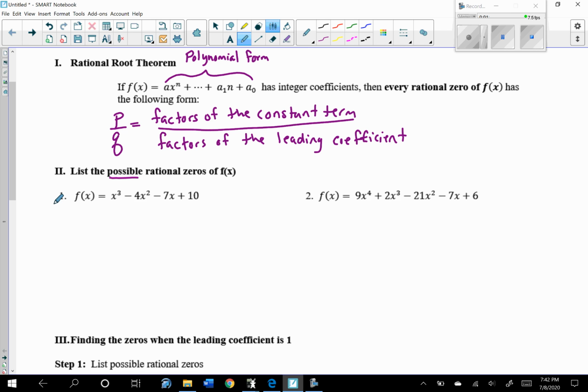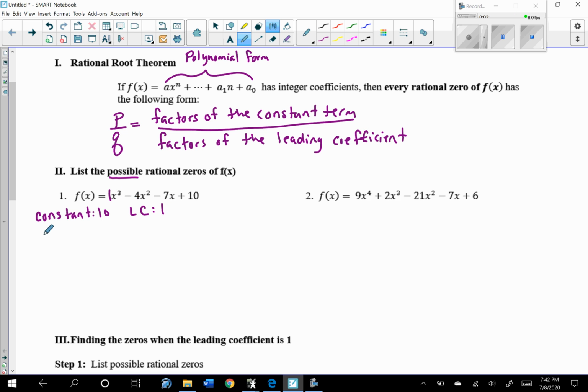So here's our polynomial equation, and we want to list the possible rational zeros. The first thing we need to do is figure out what our constant and leading coefficient are. The constant, remember, is the one without the variable, so 10, and the leading coefficient is what's in front of the lead term, which in this case is 1.